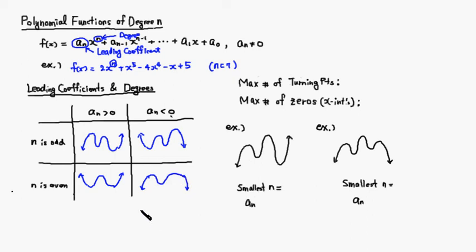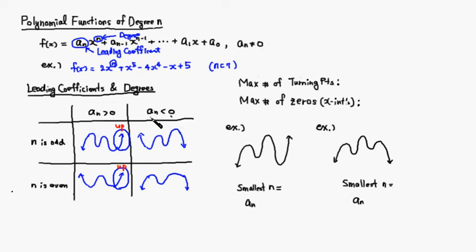So we can tell that the leading coefficient is positive and the right end is going to point up, and up.